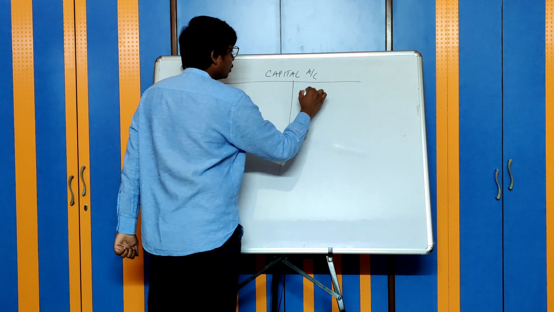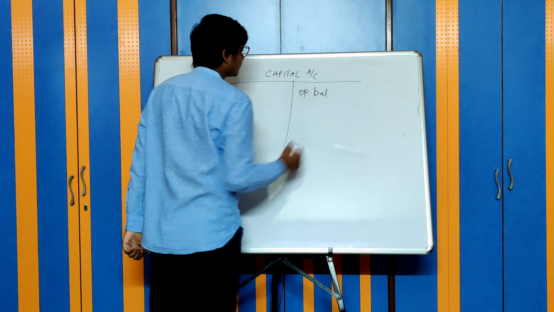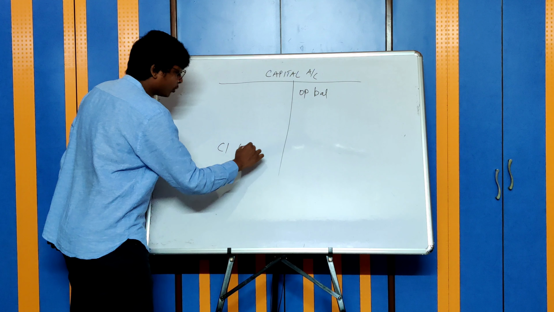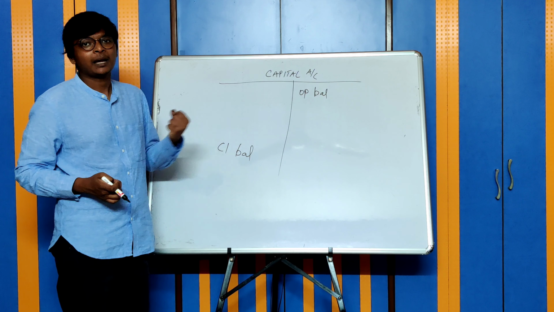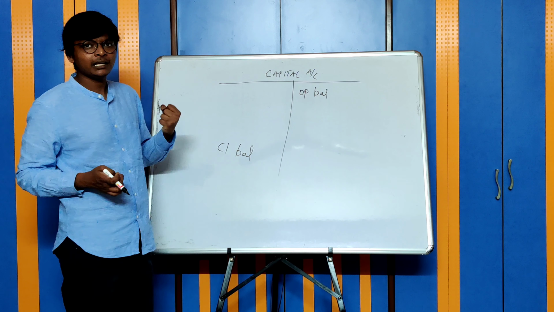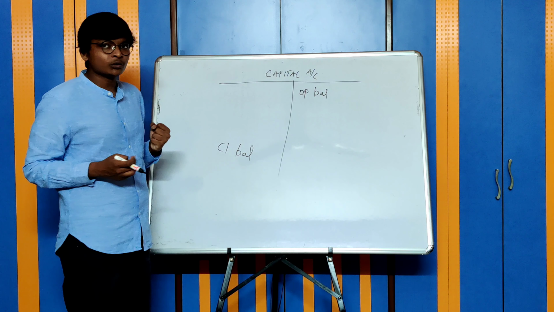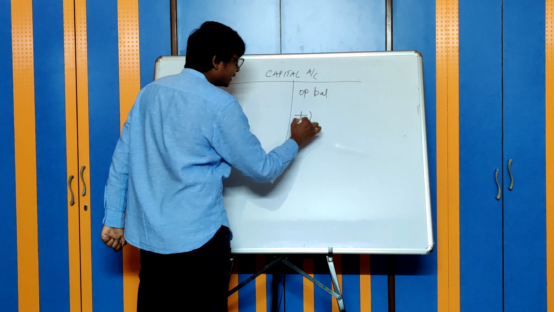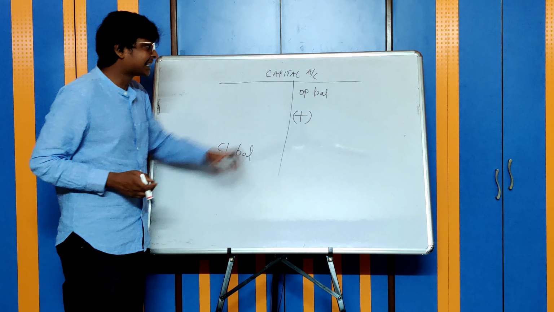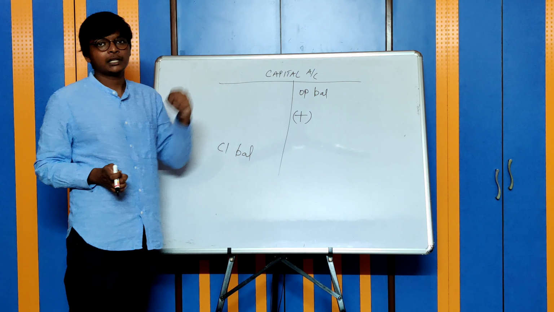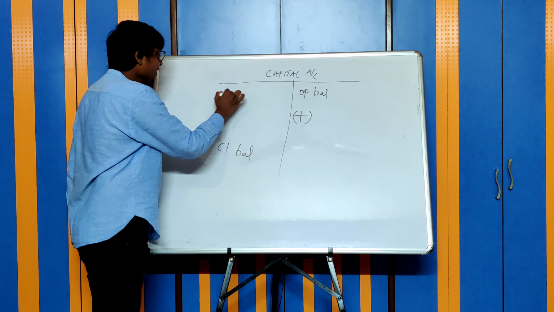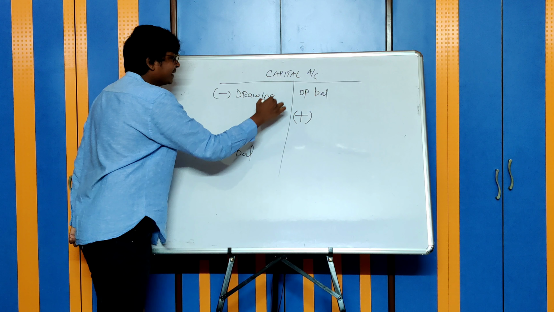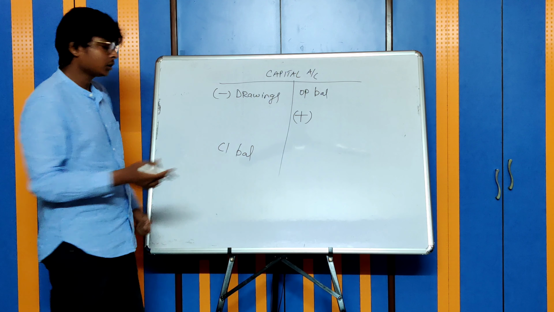Opening balance will always come on the credit side of the capital account, and closing balance will always come on the debit side of my capital account. Let us say, if a partner introduces additional capital during the year, additional capital introduced will come on the credit side of my capital account. Any money withdrawn, known as drawings, will come on the debit side of my capital account.